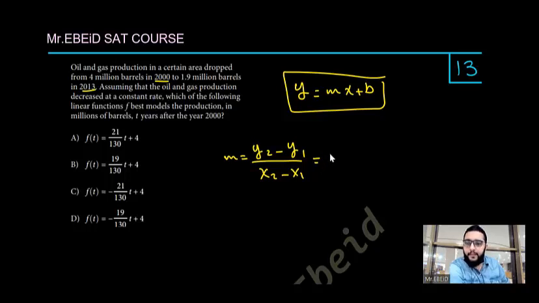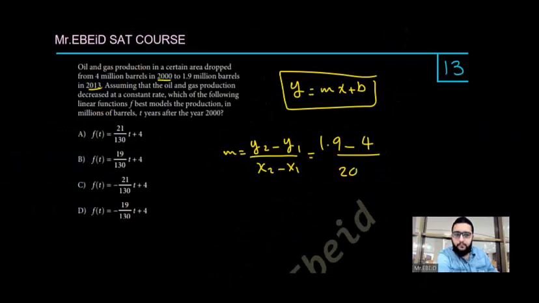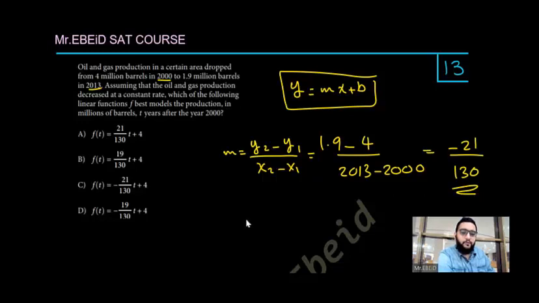So it will be 1.9 minus 4 over 2013 minus 2000 gives you -21. This is using calculator. It gives you -21 over 130, and the initial it will be for this from the question, so the answer is C.